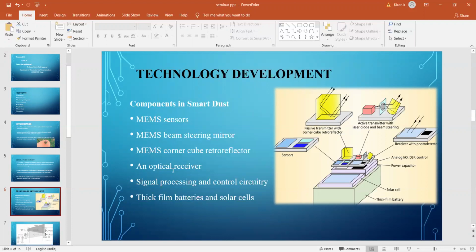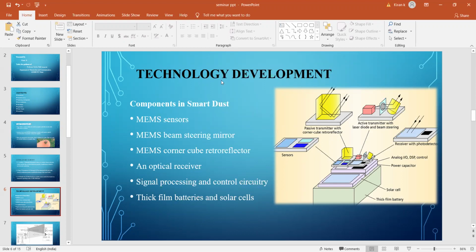And next comes the optical receiver. The receiver section consists of a micro photodetector cell and a demodulator circuit that receives the incoming laser beam and demodulates it in order to extract the useful information from it. The signal processing and control circuitry will be discussed in the working part and Smart Dust architecture.